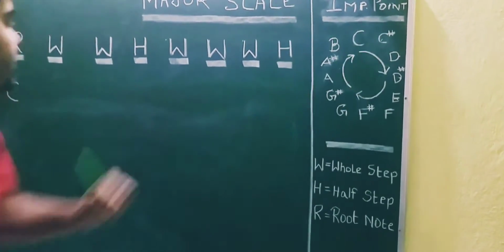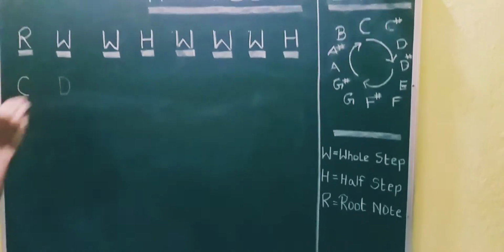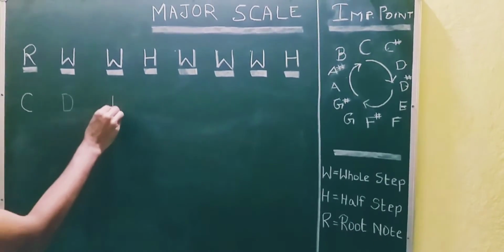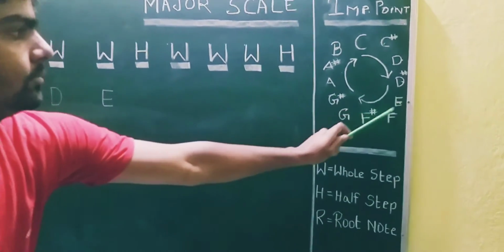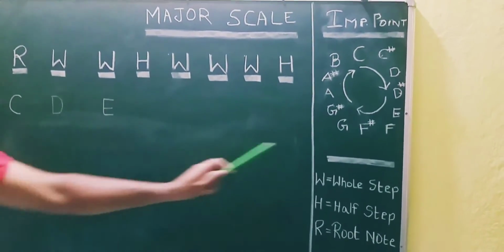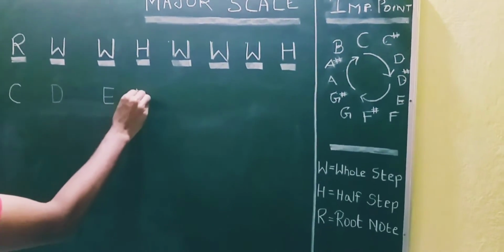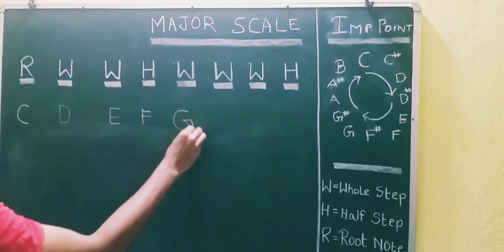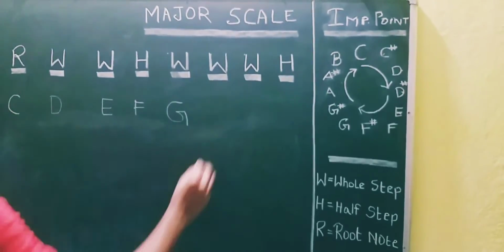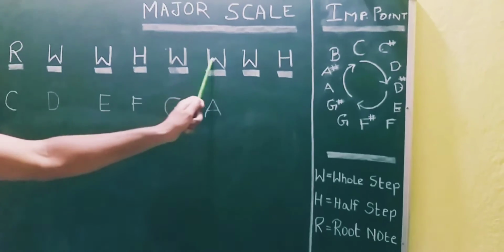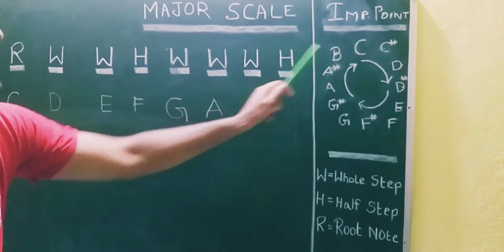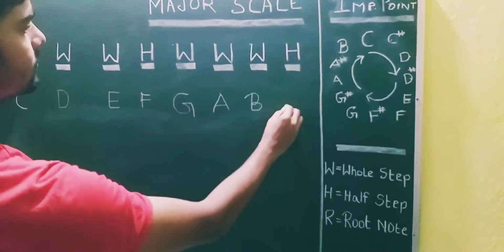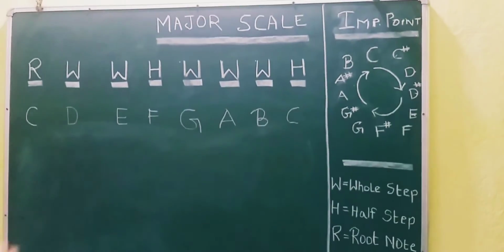After taking a whole step from C, we will get the note D. After taking a whole step, we will get the note E. As per the rule, after taking a half step from E, we will get the note F. After taking a whole step, we will get the note G. After taking a whole step, we will get the note A. After taking a whole step from note A, we will get the note B. After taking the half step from B note, we will get the note C. So this is the C major scale.